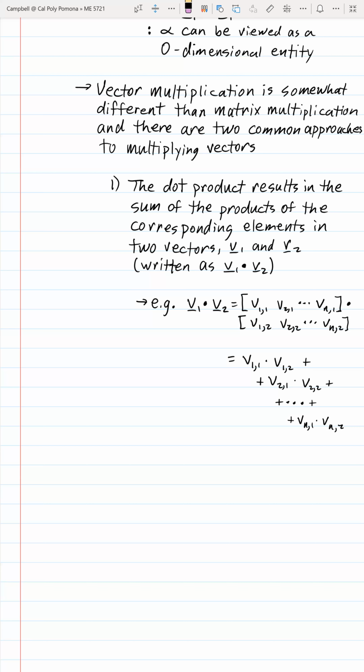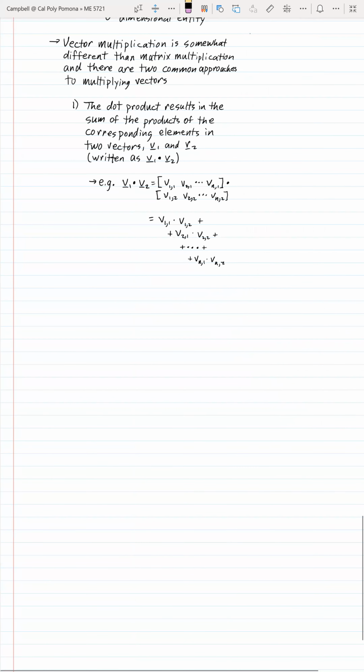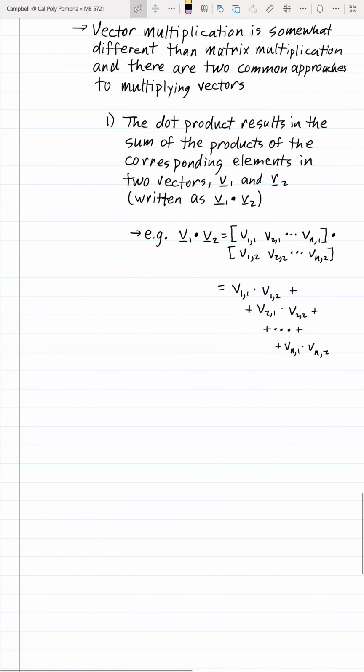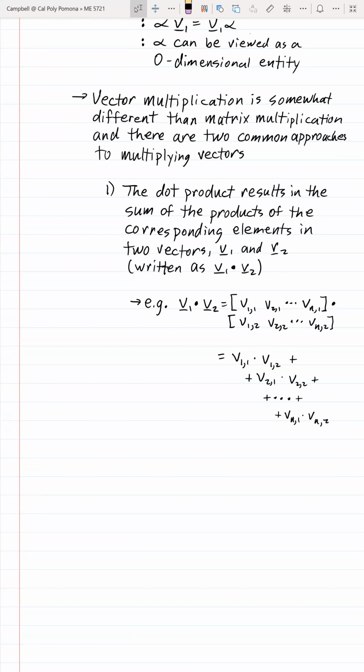One thing I do want to note, so that when you're reviewing your notes, this, of course, is V1, and this, of course, is V2.